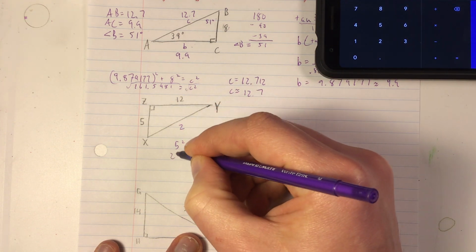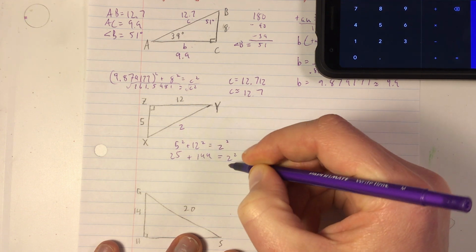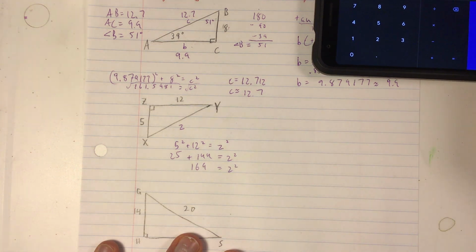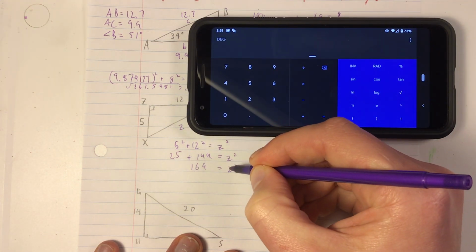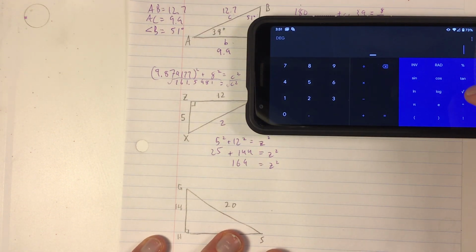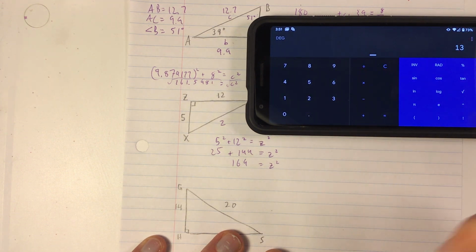So I get 25 plus 144 is equal to z squared. 169 is equal to z squared. So, hang on. That looks like a 2. So I can type in the square root of 169, and I get 13.